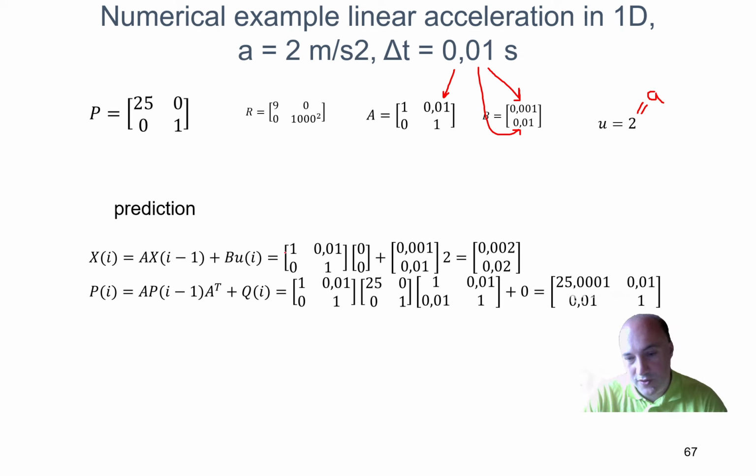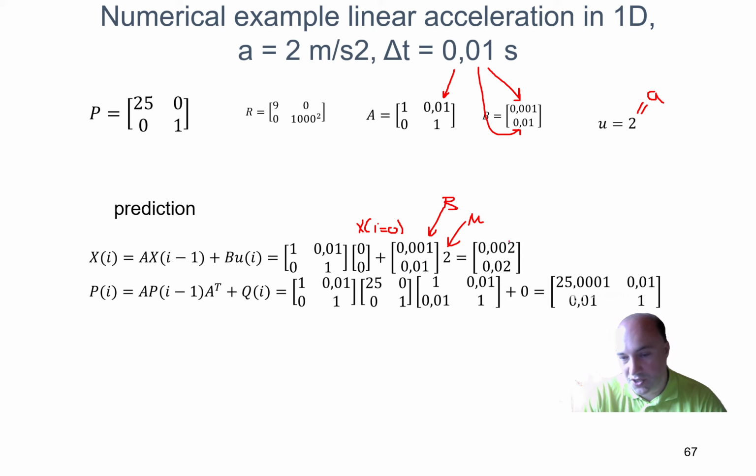So we do the first step in our calculation, which should be the prediction. Here you can see the equation: matrix A, and the previous state of my vector, which I initially assumed to have 0 position and 0 speed. So this is the x_i when i equals 0, and this is B times u, where this is B and this is u, the acceleration.